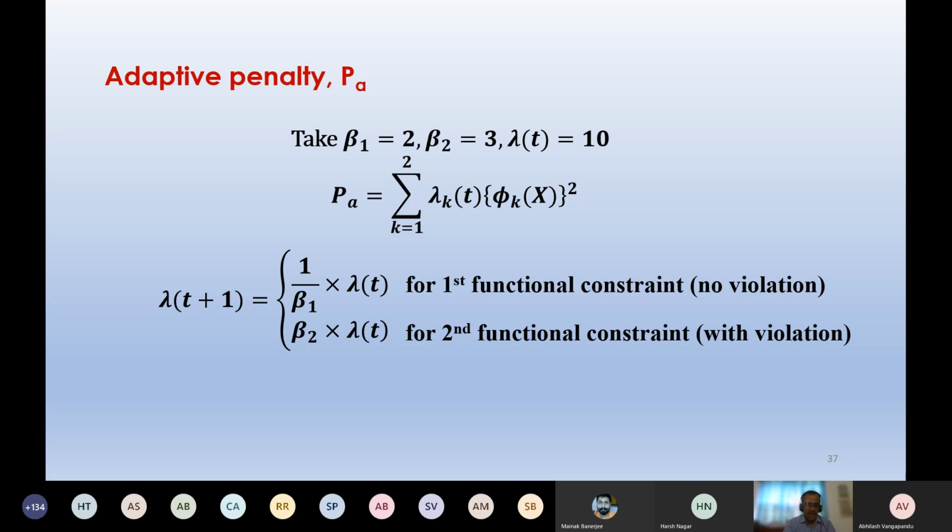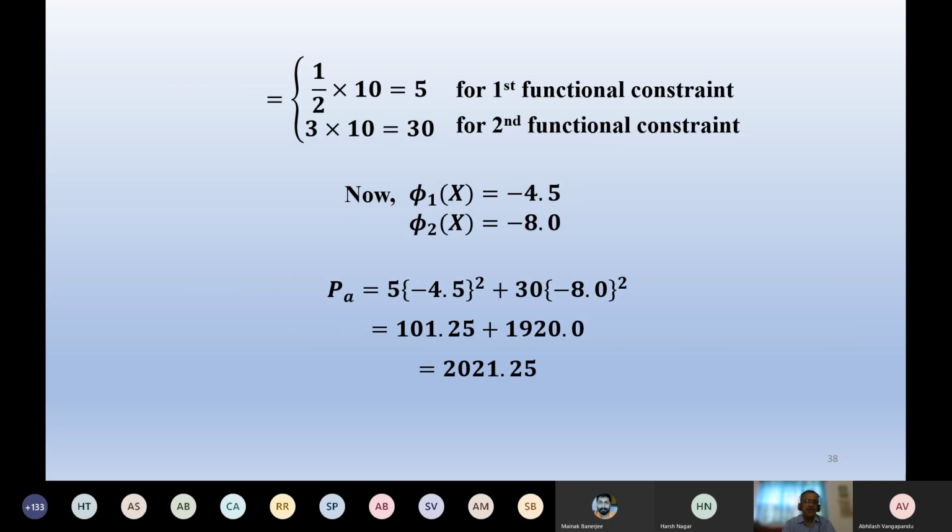Okay, and you can understand that for the functional constraint where there is no violation, I'm going to put less amount of penalty. On the other hand, for the functional constraint where there is a violation, I'm going to put more amount of penalty. And you can find out the numerical values. I'll show you.